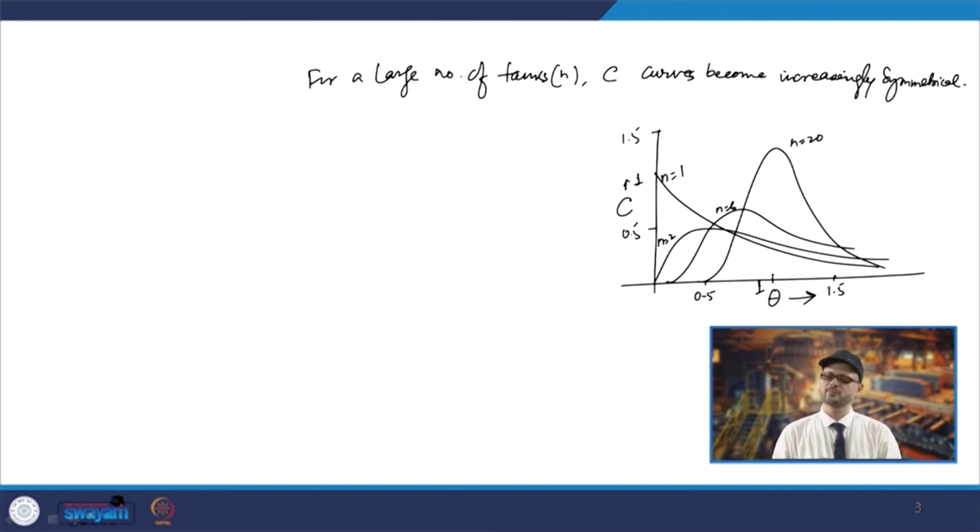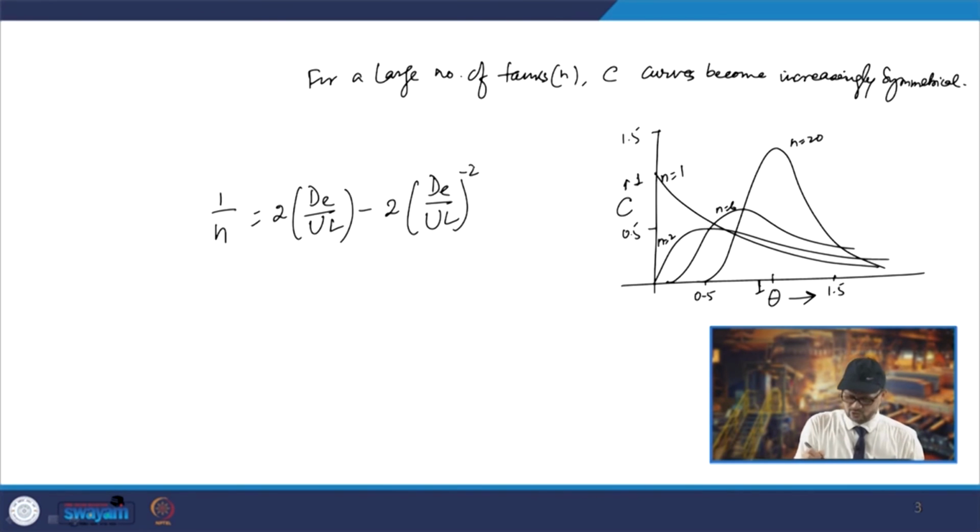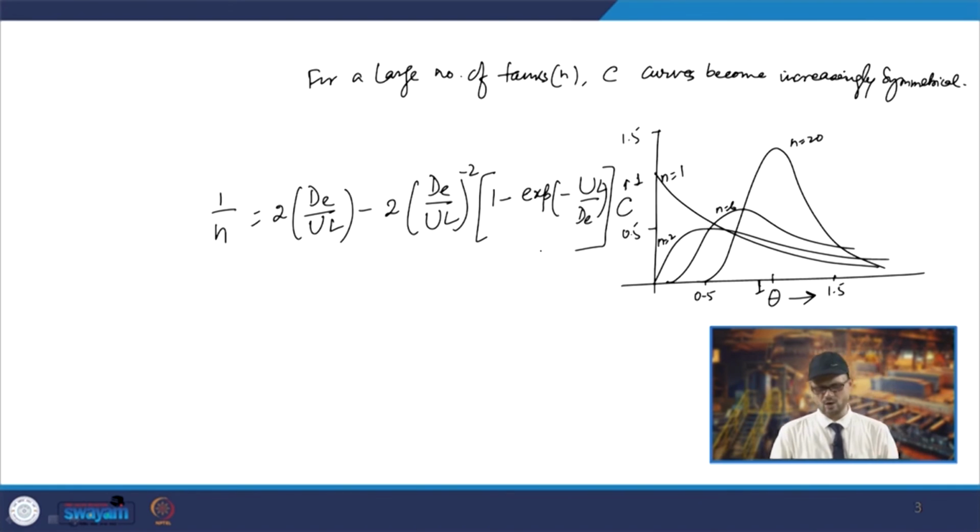And after comparison you will get 1 by n equal to 2 into D_E by UL, that is your vessel dispersion number, minus 2 into (D_E by UL) raised to the power 2, into the bracket 1 minus exponential of minus UL by D_E. So this is for the closed vessel.